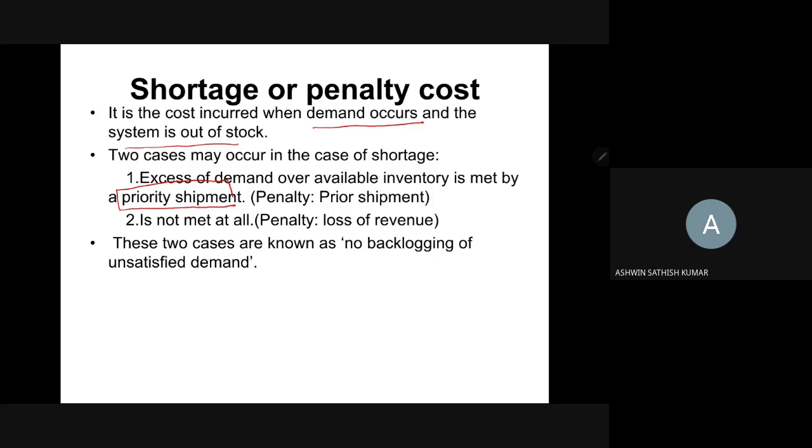So you are able to manage the current demand, meaning you have not lost the demand.